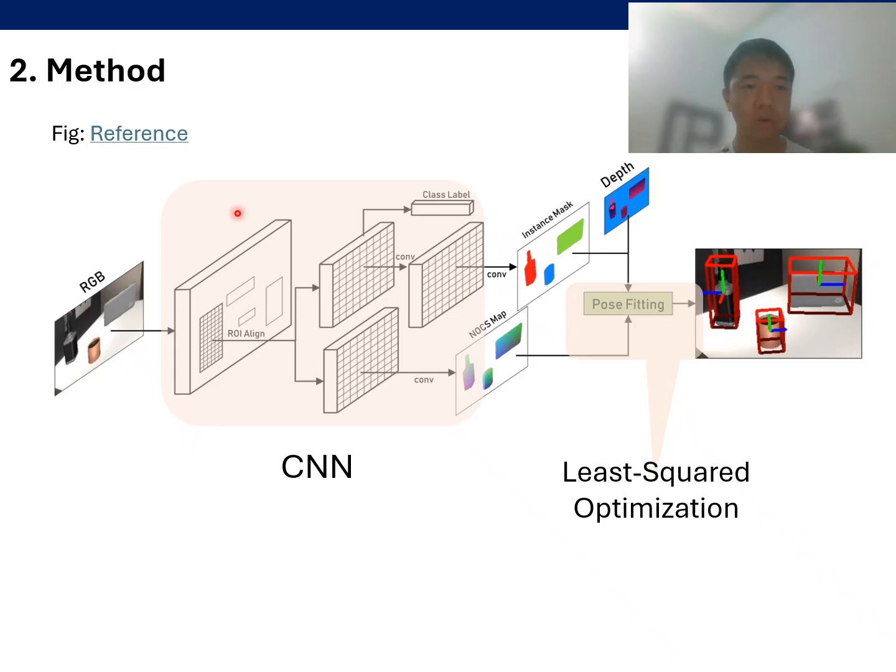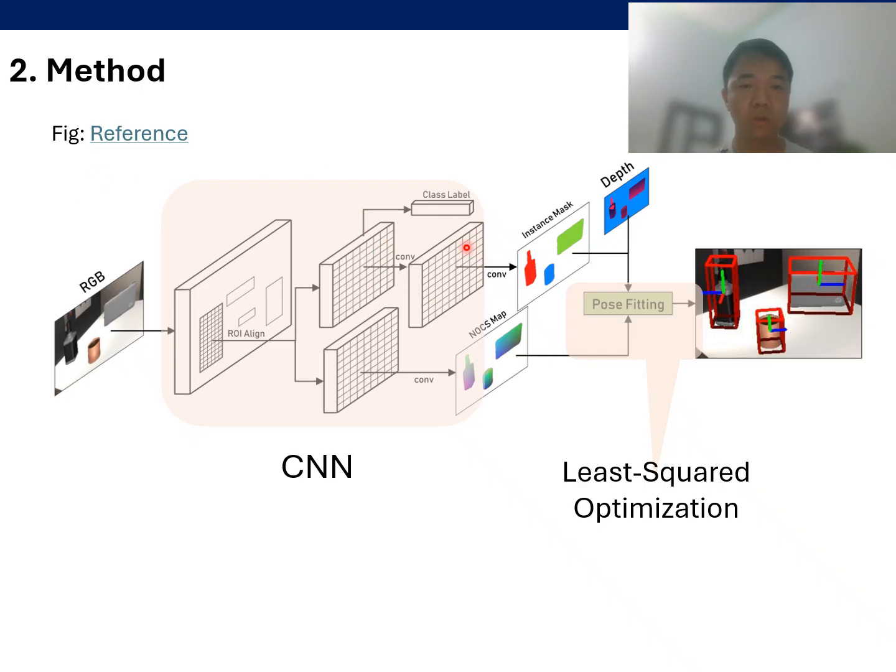So what is the method we are going to use here? In the paper, they introduced this kind of framework. There is an RGB image we capture from the camera, and this RGB image is fed to a convolutional neural network. Actually, there are two CNNs in this framework.